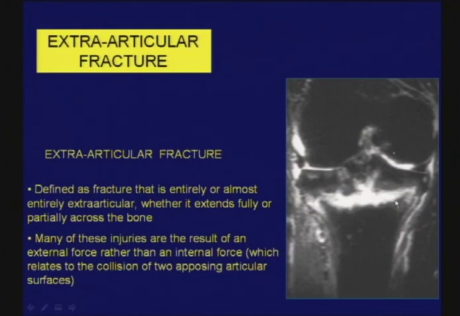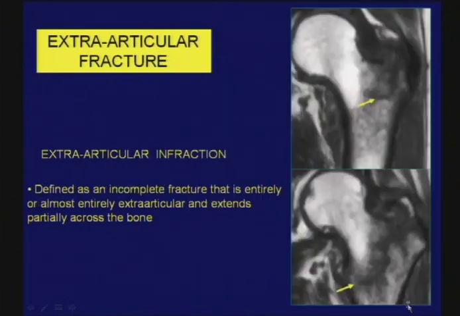Here is an extra-articular fracture. This one does go through cortex, not subchondral bone plate. It is located at a distance, most likely related to an external force. And one other point about these extra-articular fractures: some of them are not complete. That is, they don't go from one side of the bone to the other.